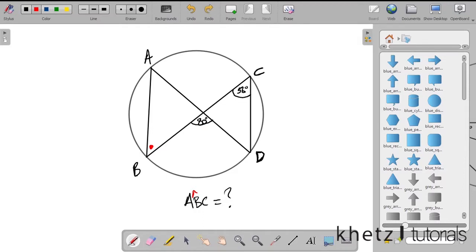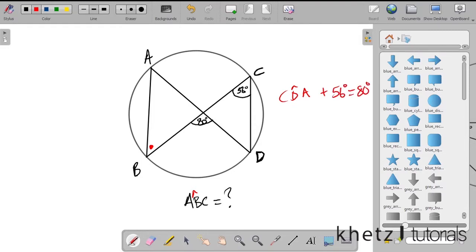So we can use this information to our advantage, and the first thing that I see is that this 80 is actually an exterior angle to this triangle over here, right? And we know that the exterior angle of a triangle, so we're going to say CDA plus 56 is equal to 80.